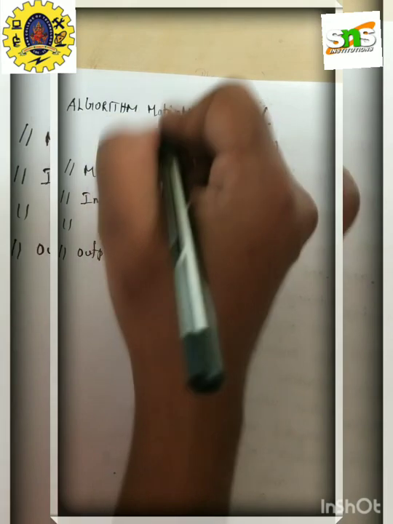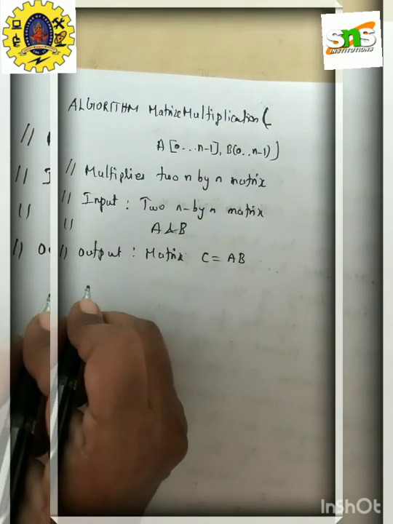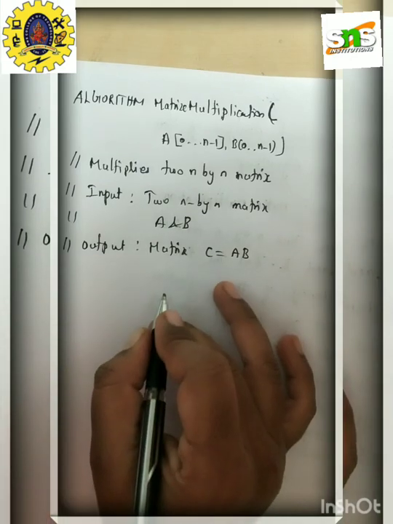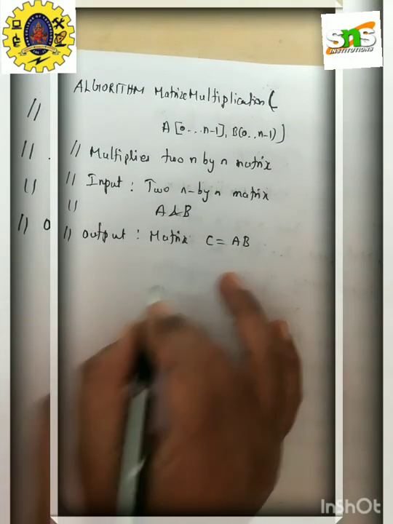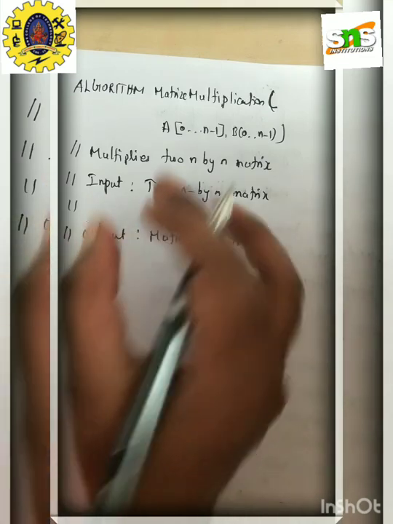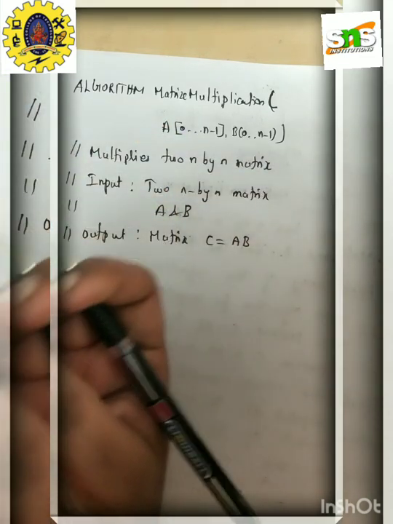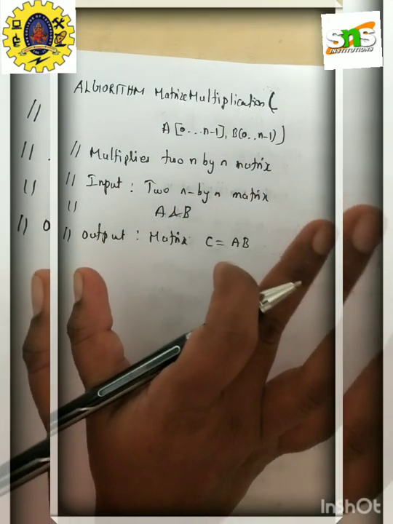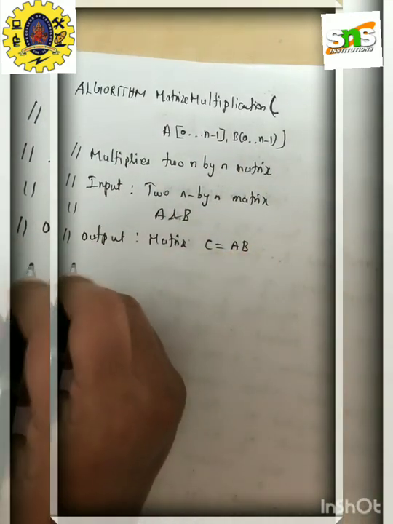This is the procedure to write an algorithm. We don't need to write the initialization, because it's an analysis of the algorithm. Just write the major part. No need of getting input, reading the values, or describing everything. For analysis purposes we focus only on the important things.